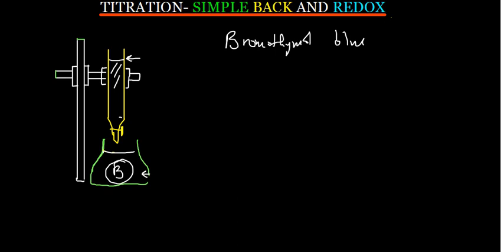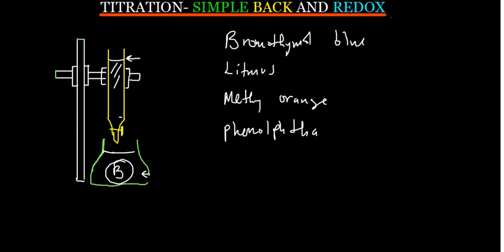We also have litmus paper. This one is common, even from high school we've known this. We have got methyl orange. We also have phenolphthalein. I think we can talk about this. So what will be their colors in an acid and in a base? Let me have an acid here and a base here.